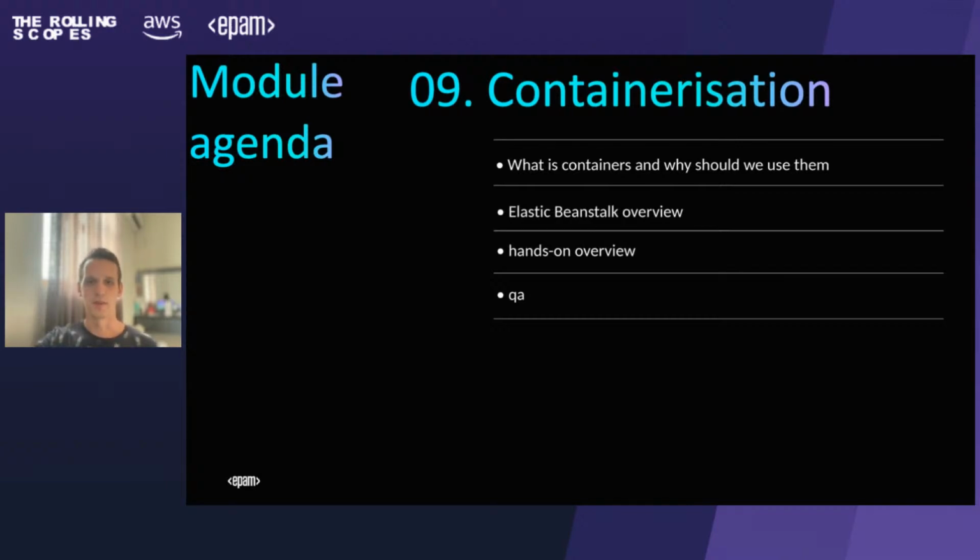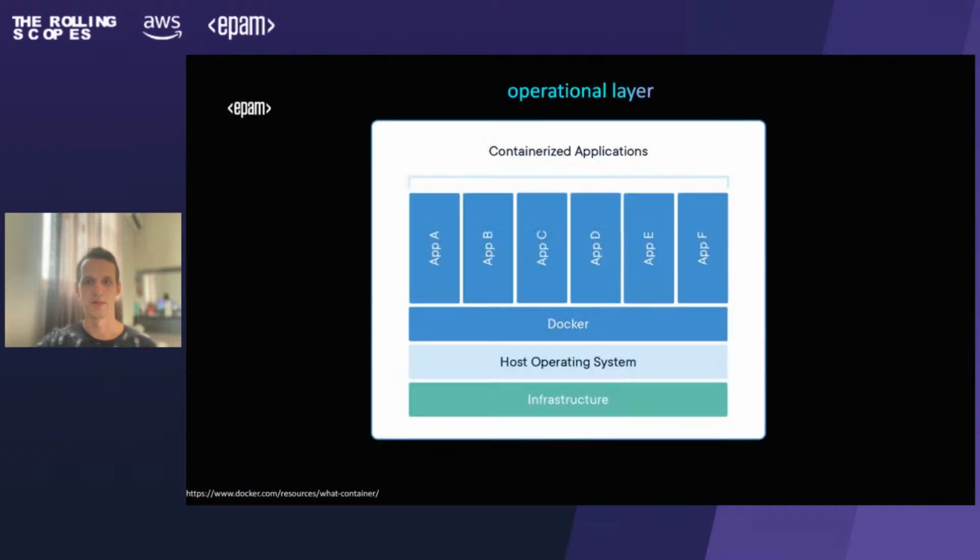Okay, let's get started with the containers themselves. Maybe it's not necessary for you to understand how they actually work, but still, you can think of Docker, the containerization itself, as an application on your PC or server, whatever it is.